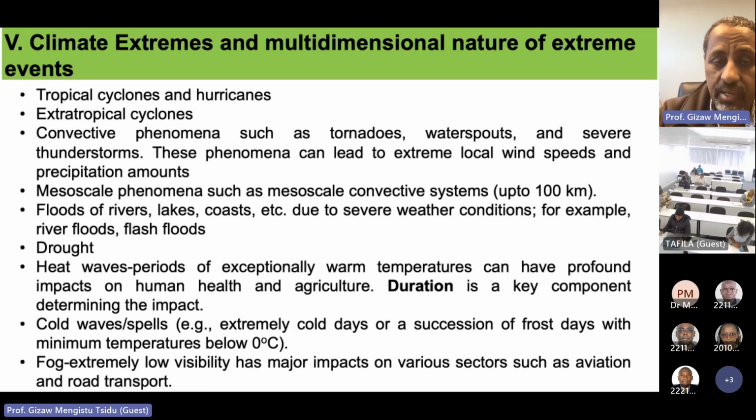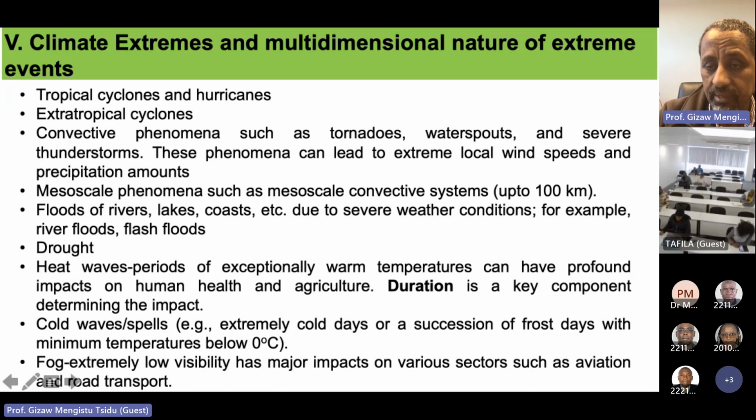Some example of recent extreme event which is related with cyclones, for instance. Mesoscale phenomena, such as mesoscale convective systems. Usually the size of these systems is only 100 kilometers wide, very, very localized. It's not a large scale. But for tropical cyclones, it's widespread, you know.